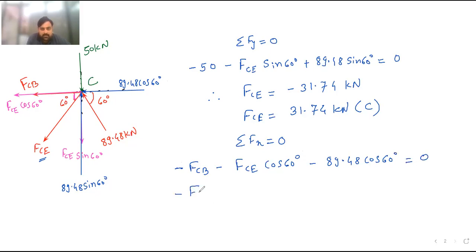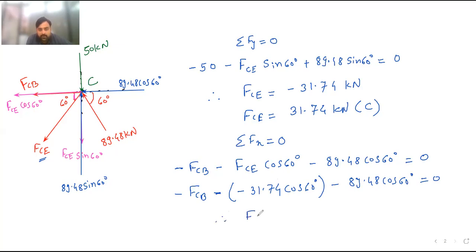Whether I changed the direction of FCE to compressive or not, use this value with its sign, as it is in the equation. Here again minus 31.74 is the value of FCE, cos 60 as it is, and then minus 89.48 cos of 60 is equal to 0. Now shift FCB to that side, so it will become plus. Therefore FCB is equal to, let me know the answer.